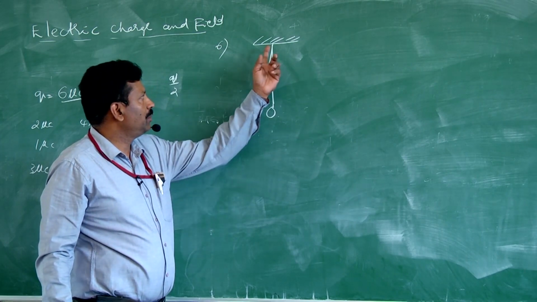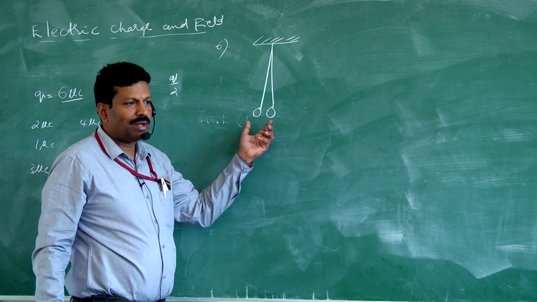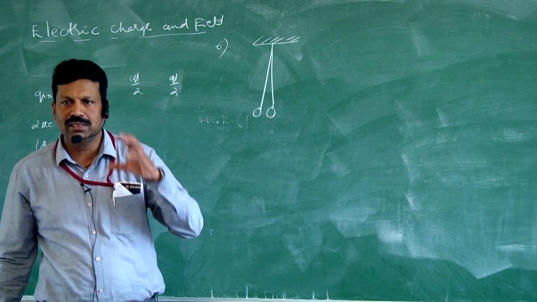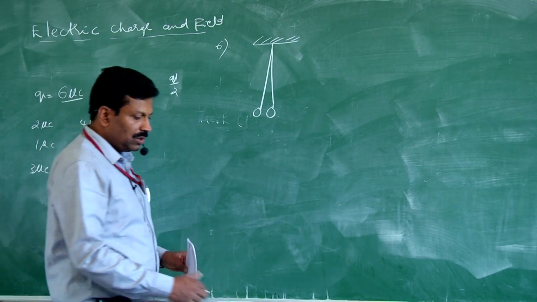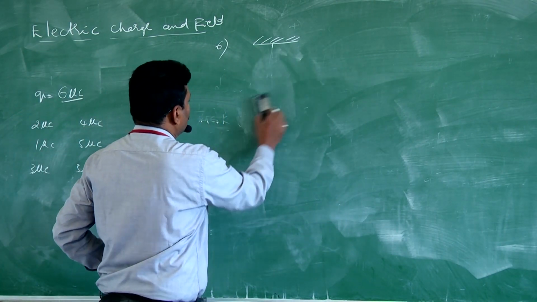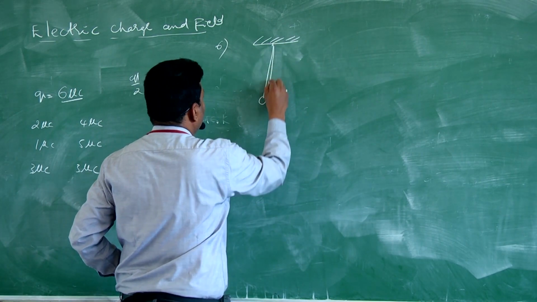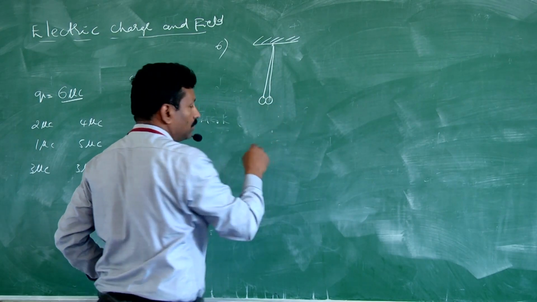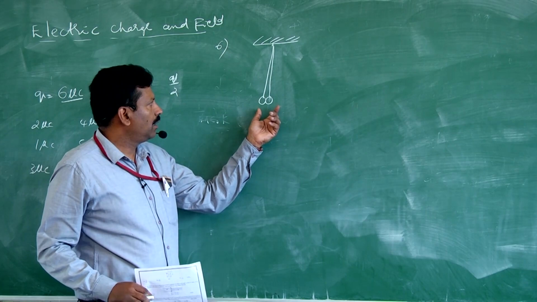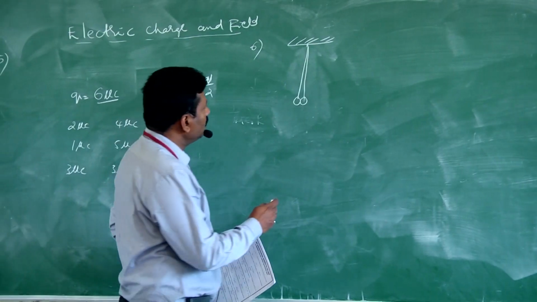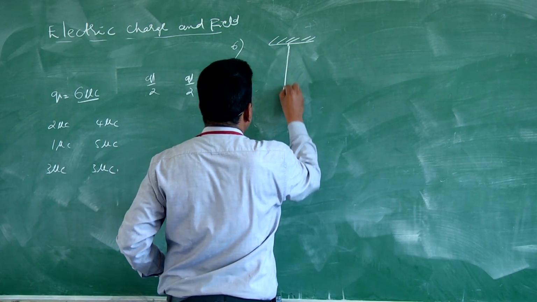A simple pendulum means when two bodies are suspended on threads like this, spherical in shape, you can imagine any spherical metal body. When suspended like this, they will be very close to each other, rather touching each other, correct? Because weight acts downwards, exactly downwards, they will be touching.